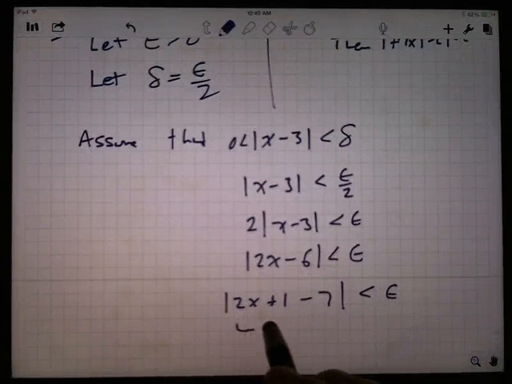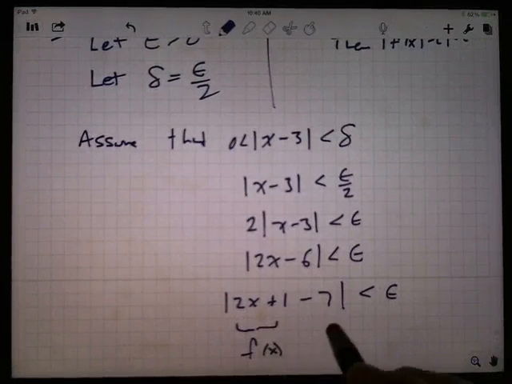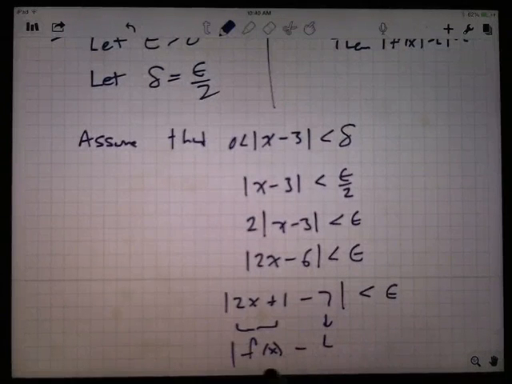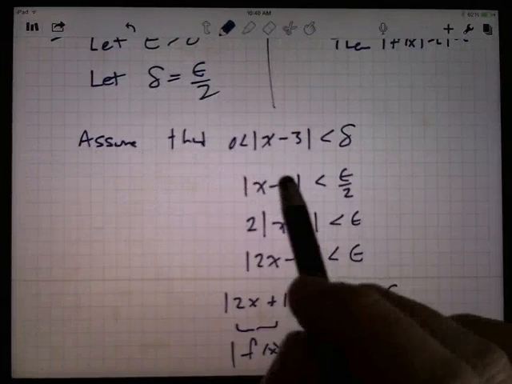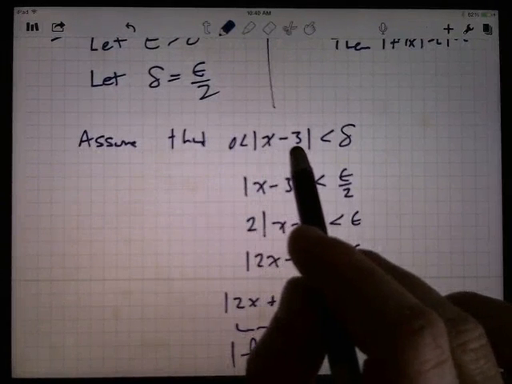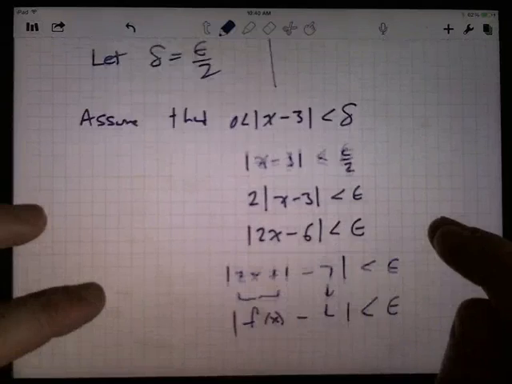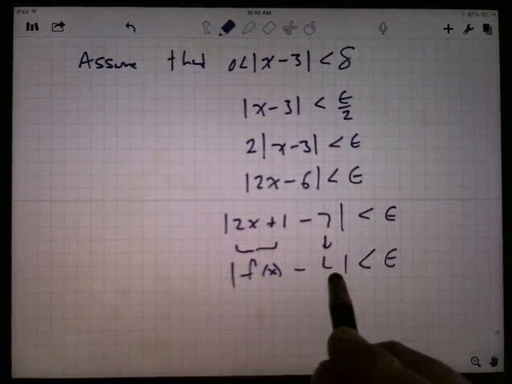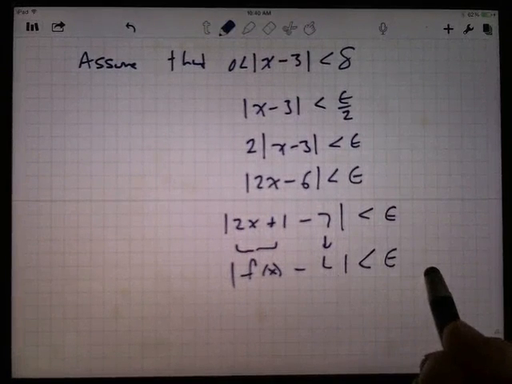Notice this right here is the f of x. This right here is the L. And what I have is that I assumed that x minus 3 in absolute value is less than delta, and I end up with f of x minus L is less than epsilon.